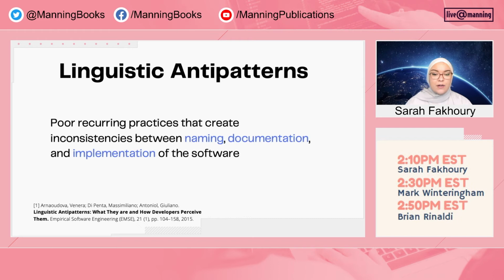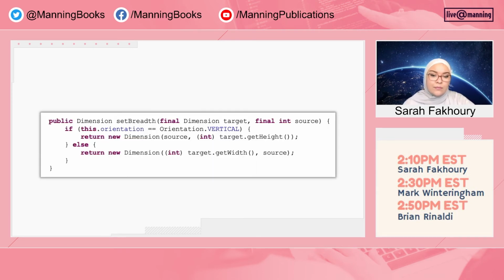And so essentially what linguistic antipatterns do is they cause inconsistencies in the mental models that we build when trying to understand a piece of code. They're misleading and they're confusing. One example is this set method that's returning something.